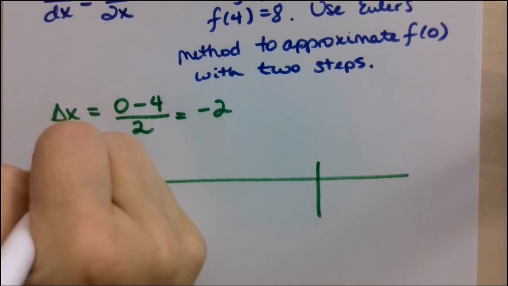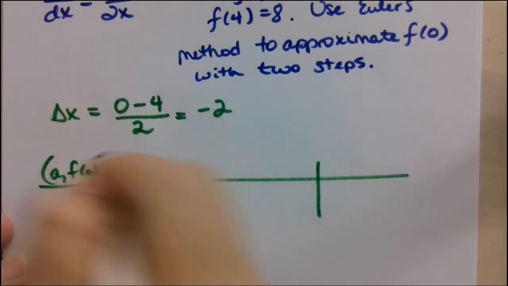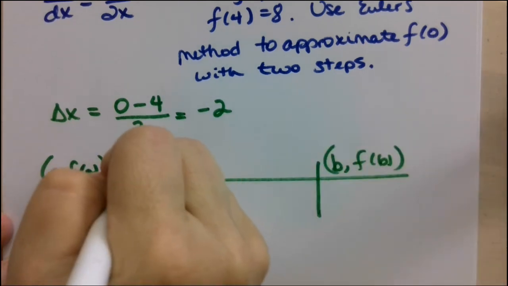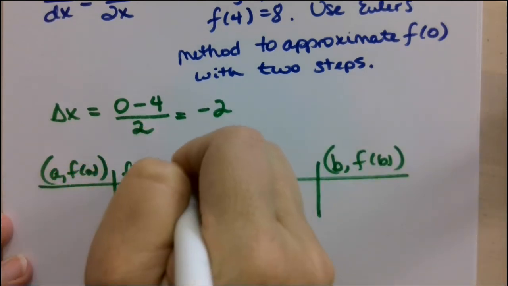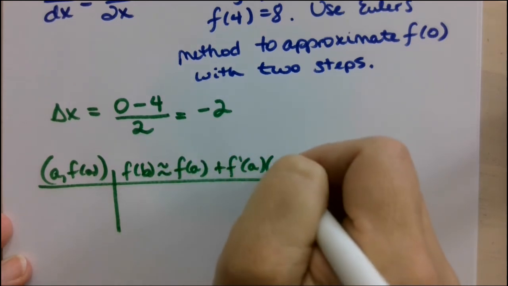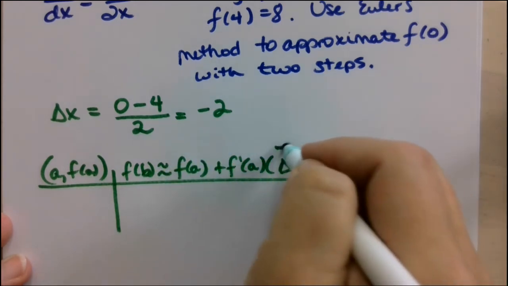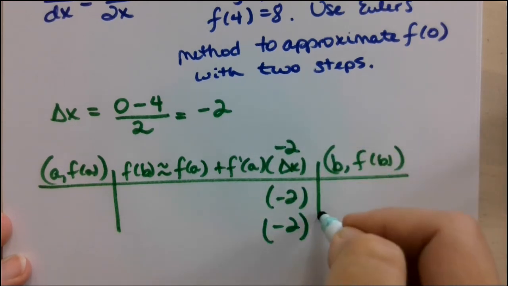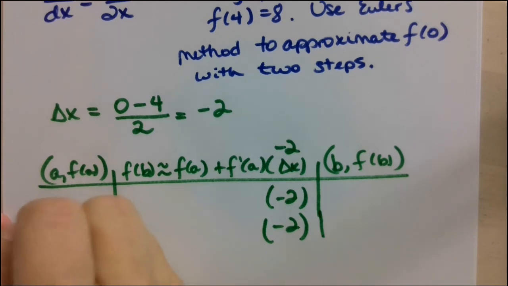I'm going to set up the table. a, f of a, b, f of b, and my f of b is approximately f of a plus f prime of a times our delta x, which in this case is -2. Just going to go ahead and put that in for my 2 steps.